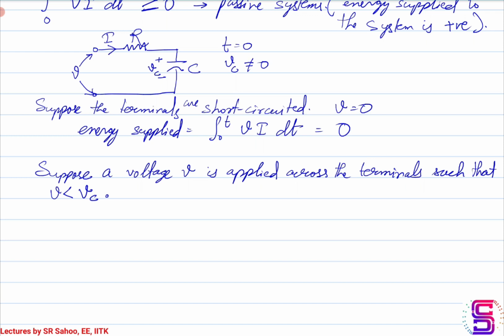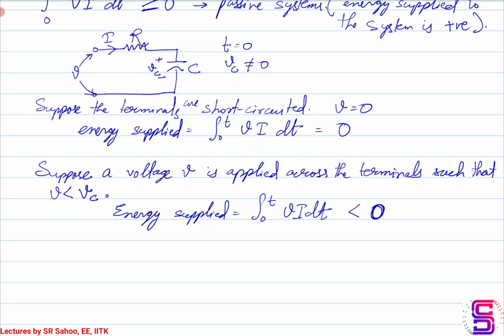So what is the energy supplied in this particular case? The energy supplied in the interval 0 to t is the integral of vi dt, where i is the current, and this is no longer positive because the current here is flowing in the negative direction. So the integration of vi dt from 0 to t is going to be negative, and hence less than 0.